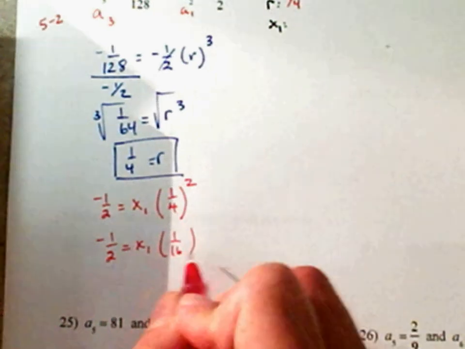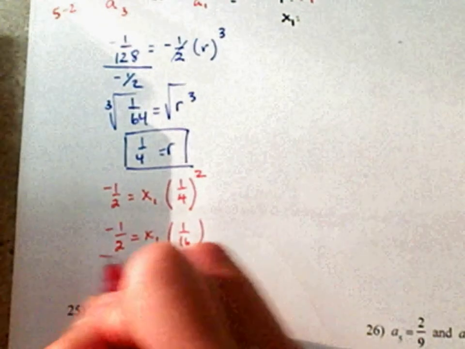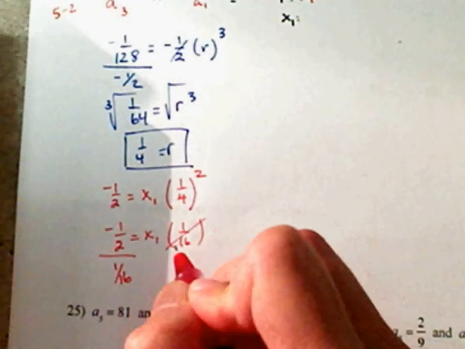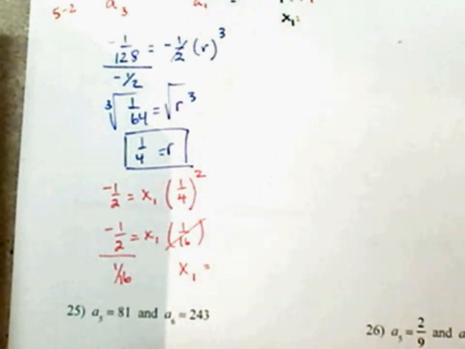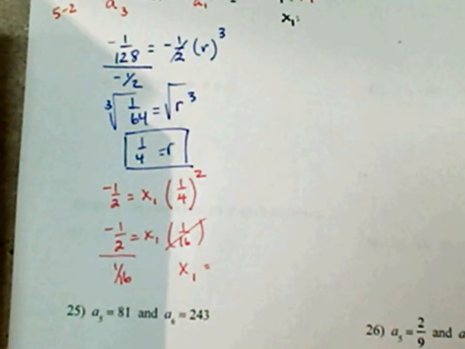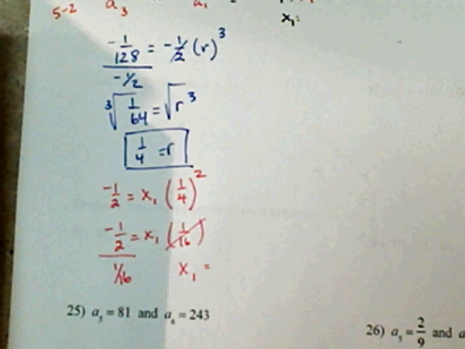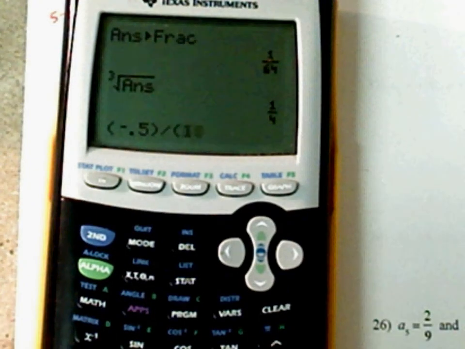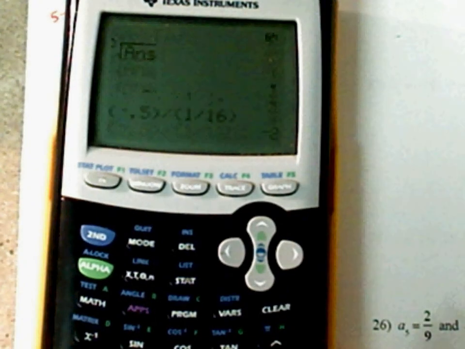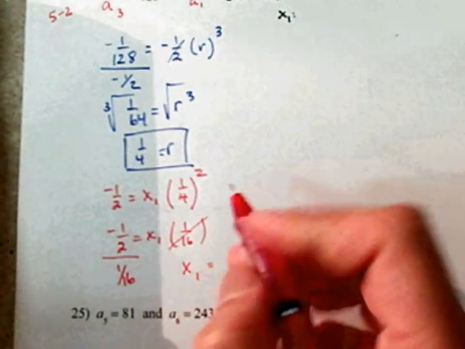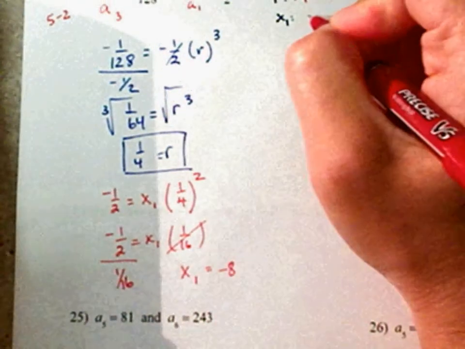What is opposite of multiplying? Dividing by 1/16. So your first term comes out to be, I'm just going to put negative 0.5 divided by, parentheses, 1 divided by 16. That comes out to be negative 8. So your first term is negative 8.